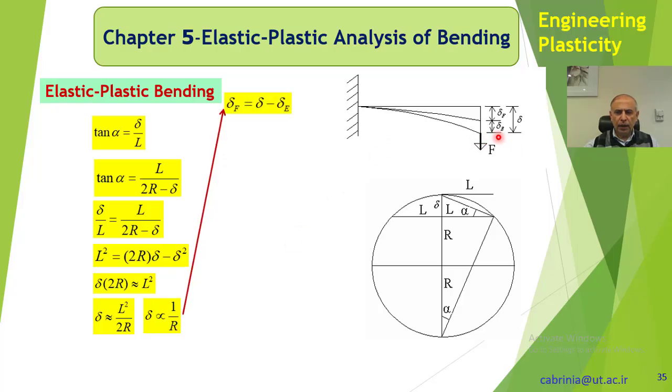we know here that delta F, which is the final deflection, is equal to delta minus delta E. Okay, so since delta is proportional to the inverse of R, therefore we could write here 1 over RF, 1 over R, 1 over RE. Delta E is this bit, which has gone back.